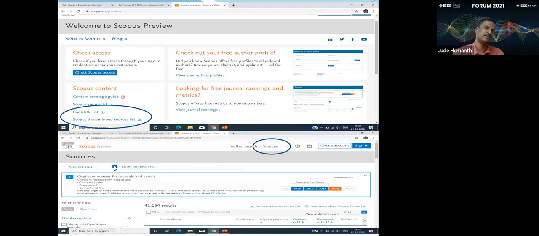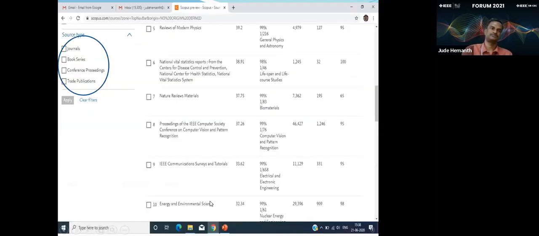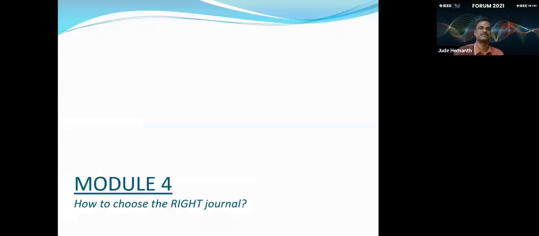Subject is a drop-down menu. Subject area title will be there. Give the title, and if the title is available here, you can easily find out whether it is Scopus or not. And journals, book series, conference proceeding, different varieties are there. So easily you can categorize whether the Scopus entry is a journal or a conference.